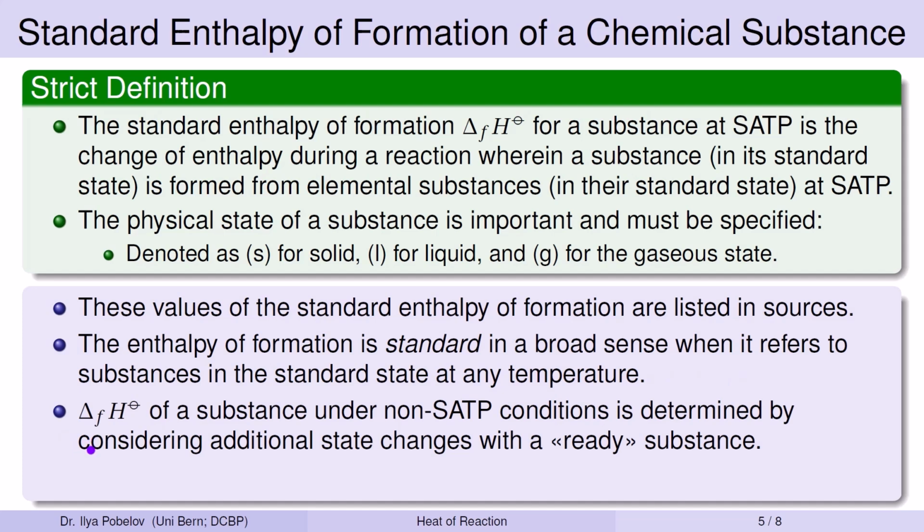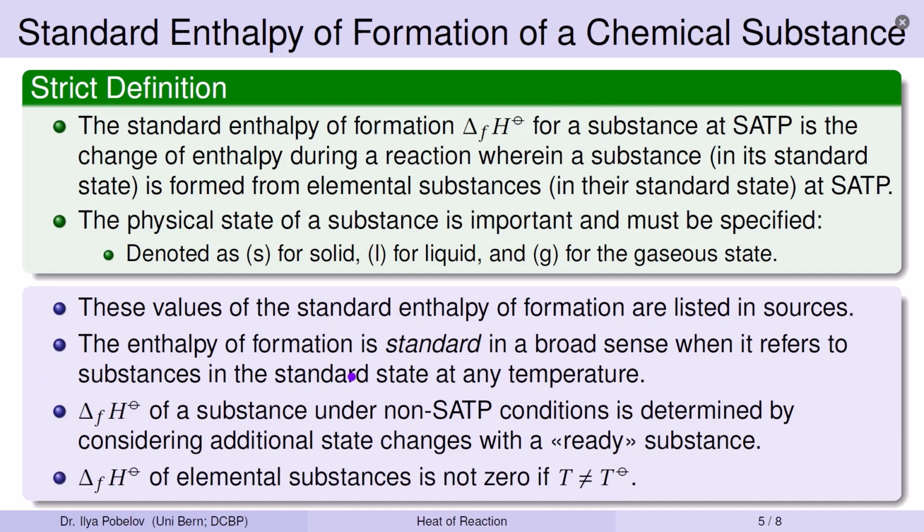If you aim to determine the standard enthalpy of formation of a substance under conditions other than SATP, you will need to consider the additional state changes for that substance after it, so to say, has formed from elemental substances. This indicates notably that the standard enthalpy of formation for elemental substances is not 0 when the temperature is not at the standard value.